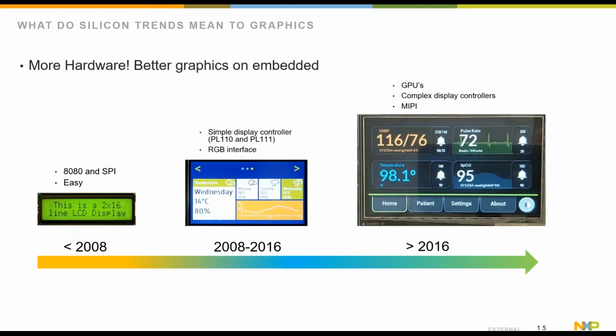What do we do for graphics? The CL110 and 111 were just simple controllers, and that was our graphics story back then. They had RGB interfaces, and the CL111 had some cursor memory, so you could put a cursor overlay on top of your graphics. And the graphics looked pretty good.